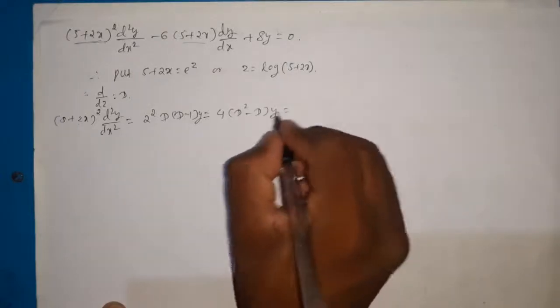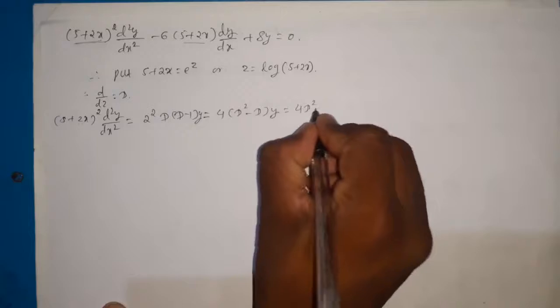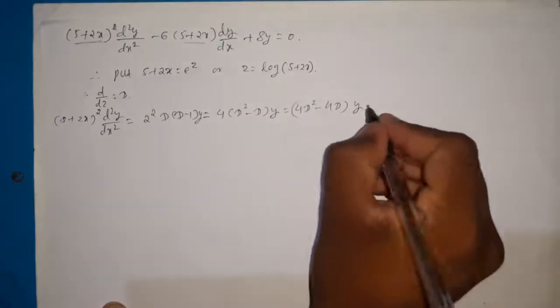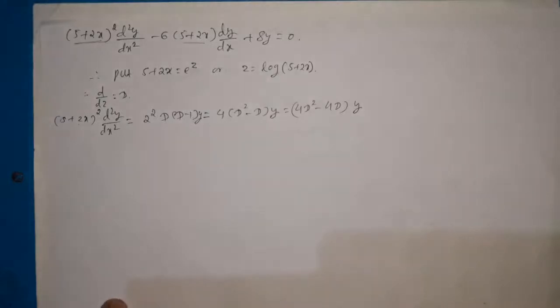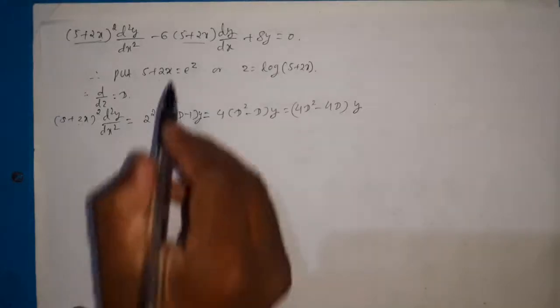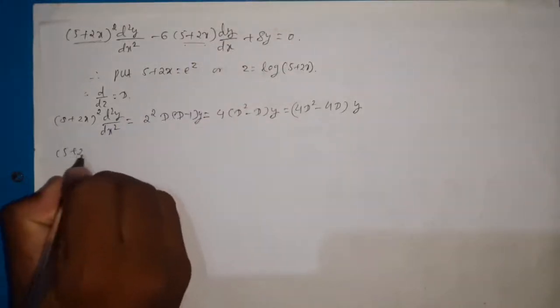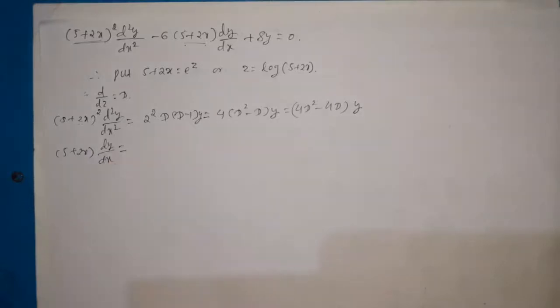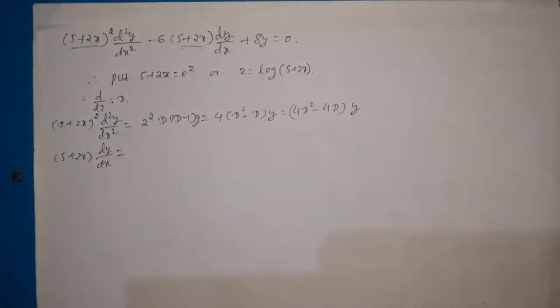On simplifying, we get (4D² − 4D) y. Next consider (5 + 2x) dy/dx.